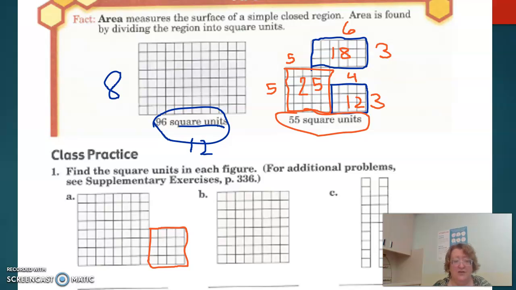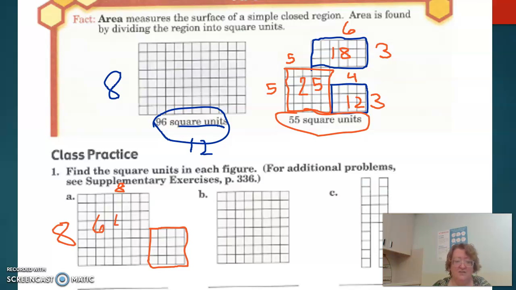Okay, so now let's count across what the length is. 1, 2, 3, 4, 5, 6, 7, 8. And now let's count the width. 1, 2, 3, 4, 5, 6, 7, 8. So the area of this closed region would be, class, 64.